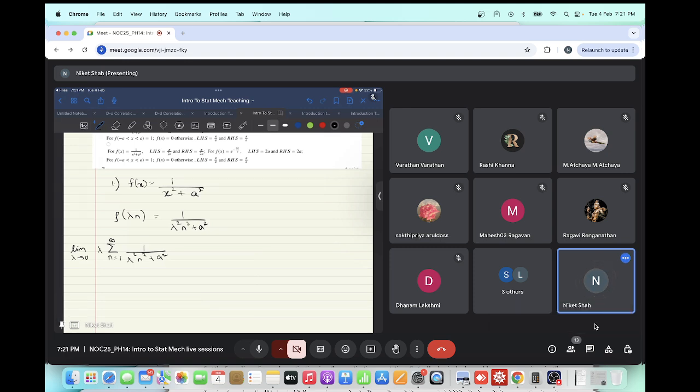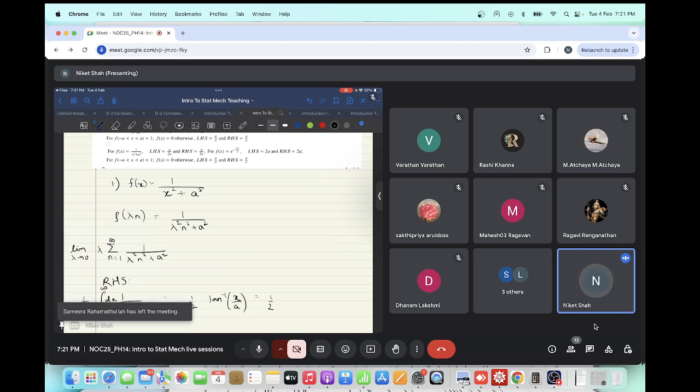Okay. That's my LHS. Let me evaluate the RHS first. RHS is directly the integral, right? So RHS is integral dx 1 divided by x square plus a square. This goes from minus infinity to infinity, and I have to do a half, so it is equal to half integral. The integral basically gives you tan inverse x by a.